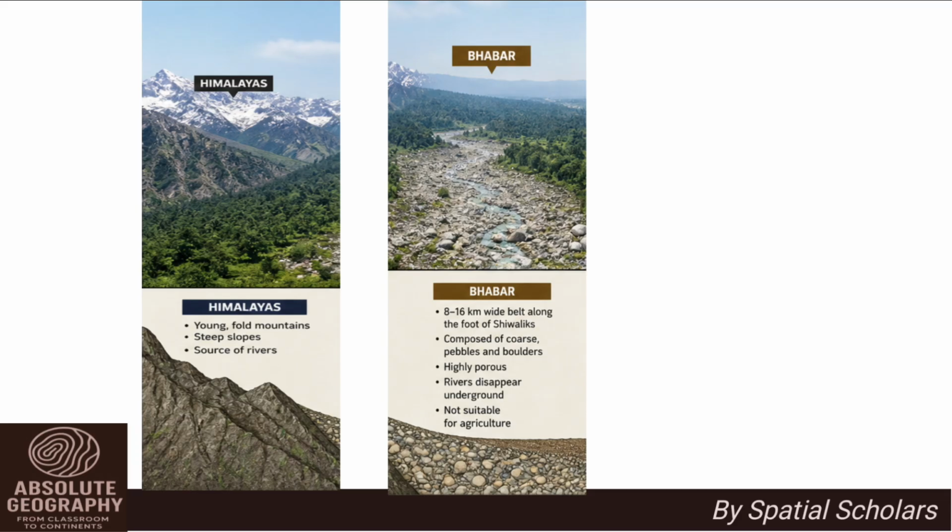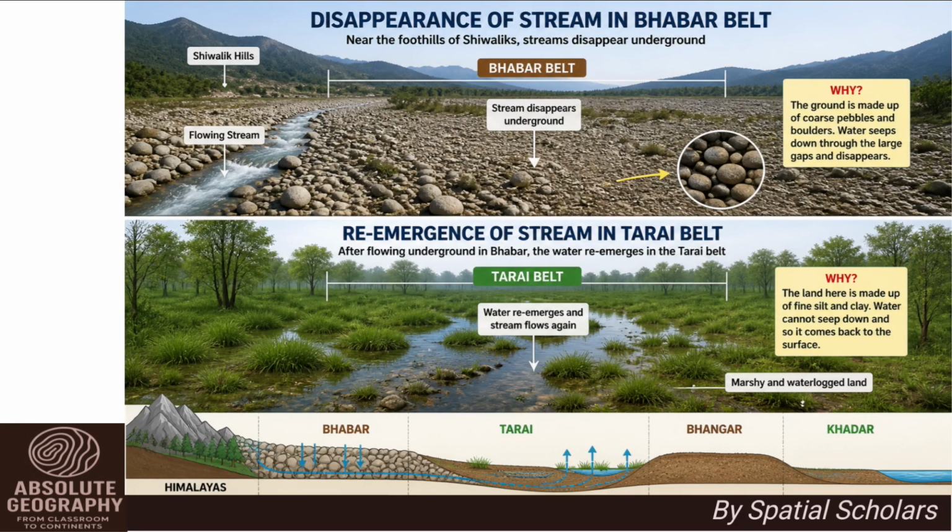Because these deposits are coarse and highly porous, the streams often disappear from the surface and continue to flow underground. As a result, the surface remains comparatively dry and the region is not very suitable for agriculture.